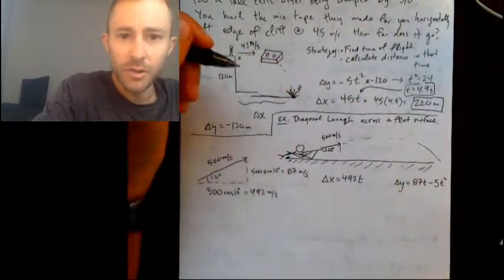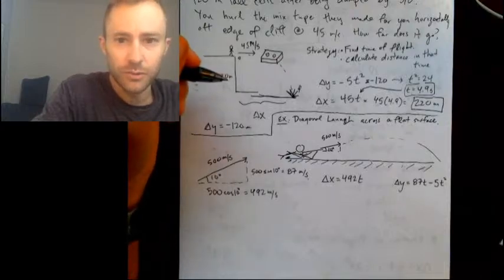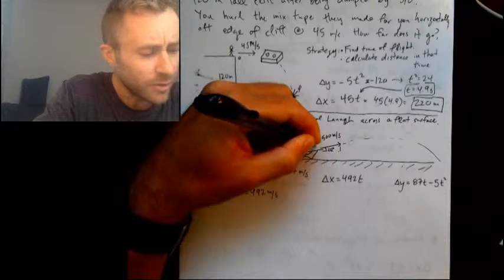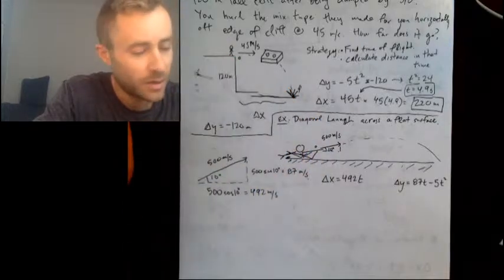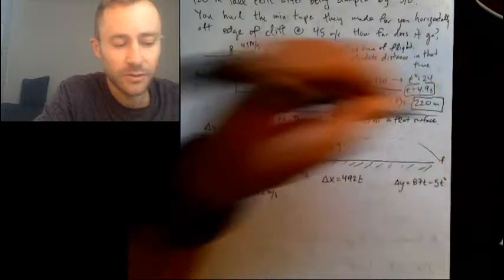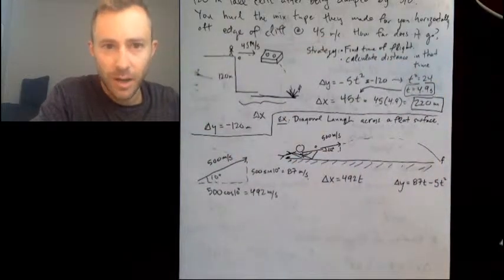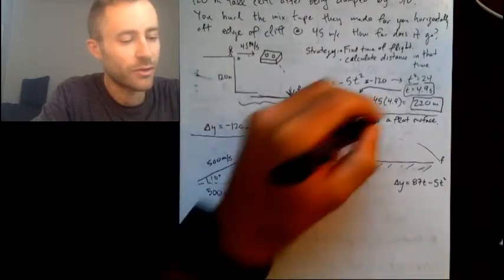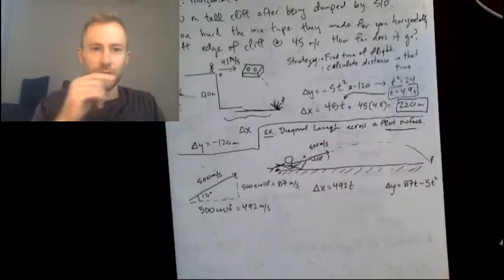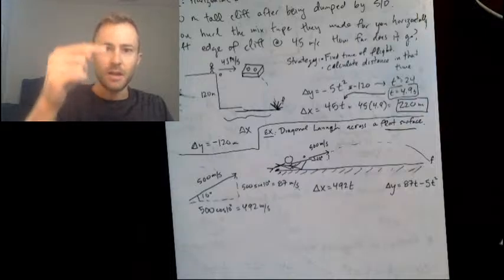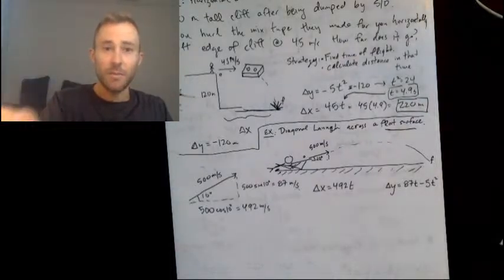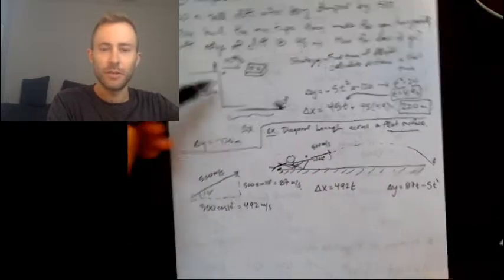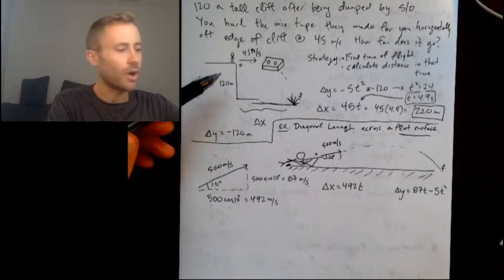So we need some other condition to solve this problem. There are too many variables as it is. So I'm going to consider the moment of launch to be the initial time, and the moment that the projectile lands to be the final time. The projectile is launched across a flat surface, so the place that it's launched from and the place that it lands have the same elevation. That was not the case in the last problem because the mixtape drops a certain distance.